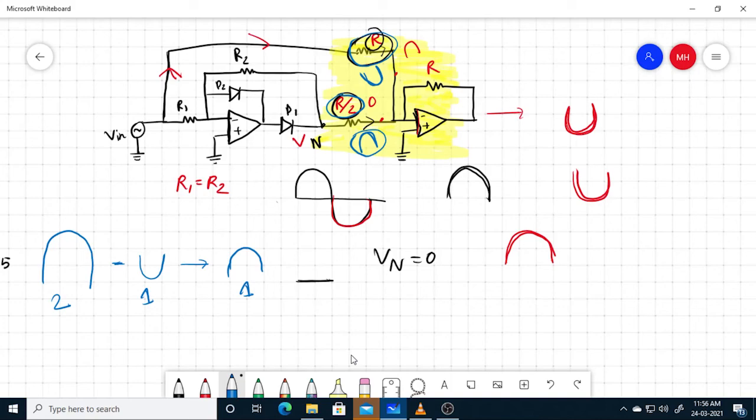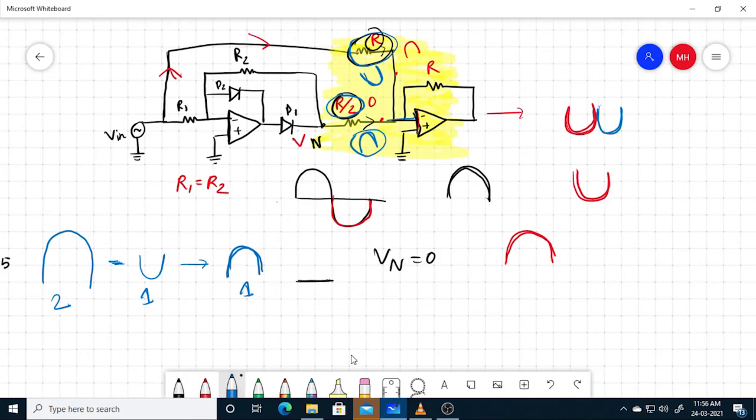In the summing amplifier, because the two waves are not of the same sign, they will be subtracted, and the resultant voltage will be the positive output. As the positive output is connected to the inverting terminal of the op-amp, the output will always be negative.